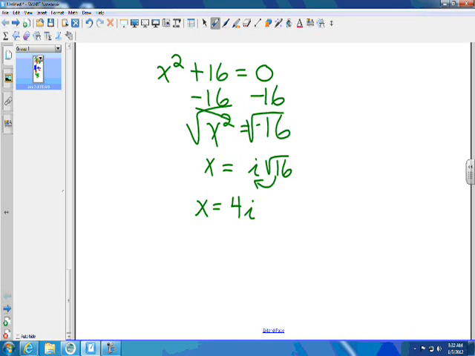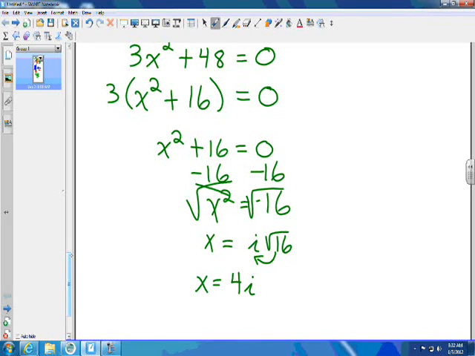You could have done this in the first step. Instead of taking out the common term like we did right there, the other method then is just to start solving. So this is factoring. What we did right here, we factored out the 3. You don't have to in a problem like this where you've only got that one variable and it's squared.